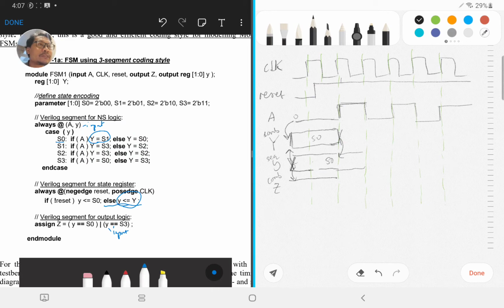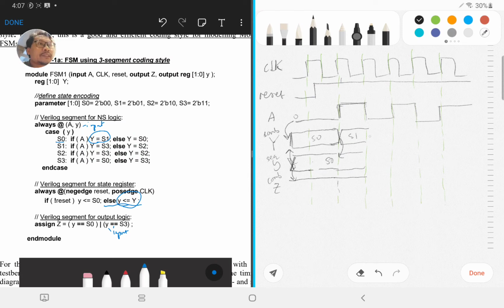So it's going to change to S1 right there. And Z, if it's S1, then Z is looking at the small y. So small y is at 0, then Z is going to maintain.